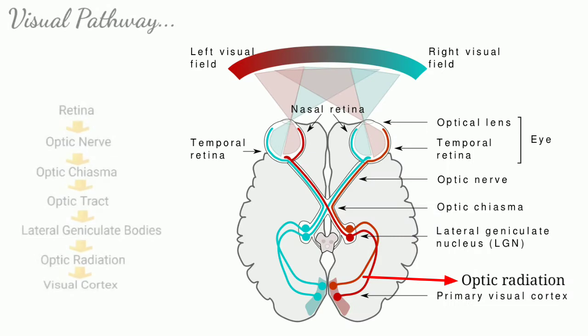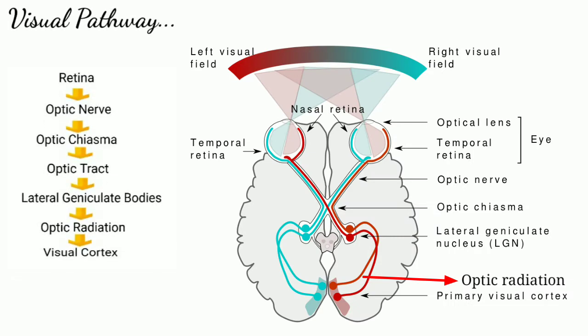Now we'll be talking about the visual pathway, but before studying the visual pathway in detail, we'll be seeing the 7 basic components which are involved in the sequence. And if we remember these, it will be easier to remember the sequence-wise pathway.